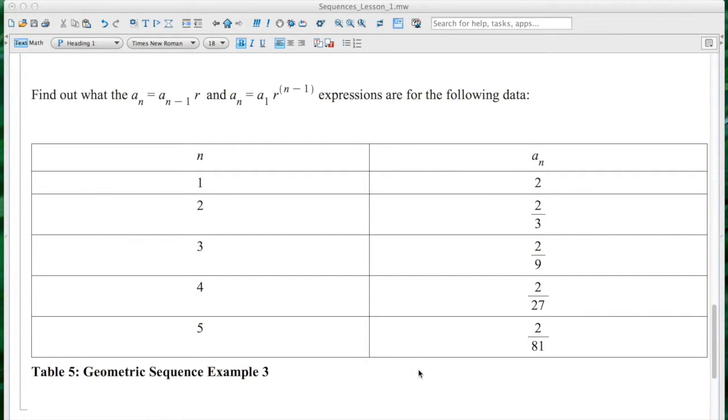Okay, I'll presume that you have all three sequences and their expressions written down. Okay, if you haven't, then let me know. I will pause the projection and give you more time to do that.